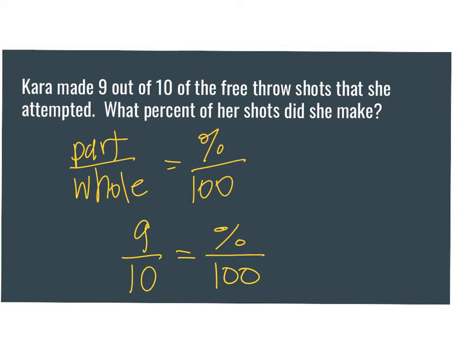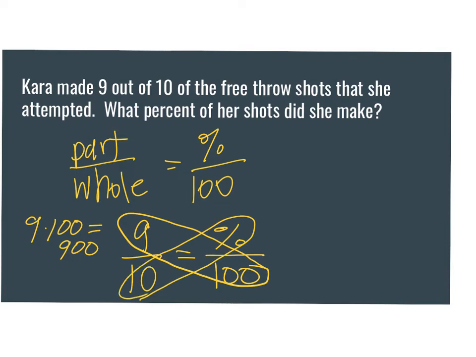With our butterfly method, we multiply the denominator of one fraction by the numerator of the other. Here we have 9 times 100, which gives us 900. Here we have 10 times the percent. So 900 is equal to 10 times the percent.